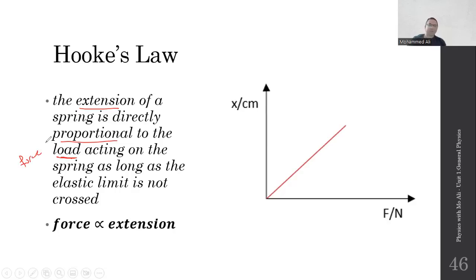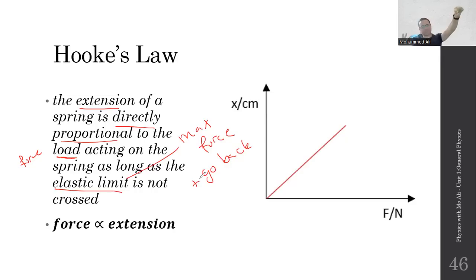When I say that they are directly proportional, this means that if the force increases, the extension increases, as long as the elastic limit is not crossed. So what's the elastic limit? It's the maximum force that the spring can handle and still go back to its original shape. So if you stretch a spring and let it go, it goes back to its original length or shape.